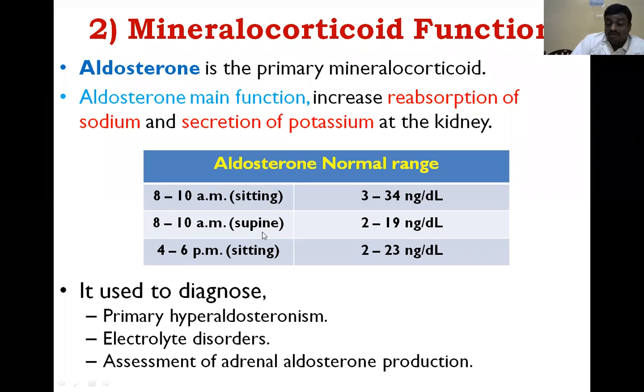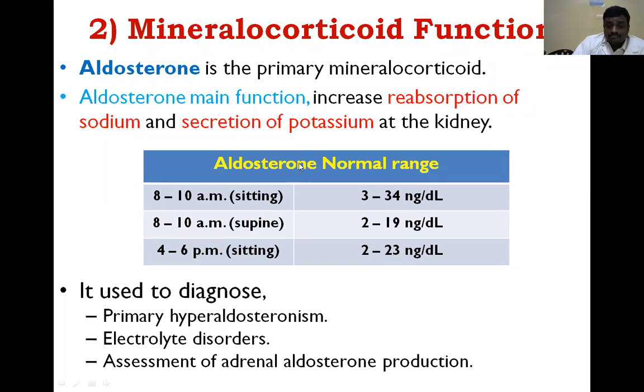But in the supine position, if they are getting greater than 20, there is a chance of an aldosterone problem, an adrenal gland problem. Next one is 4 to 6 p.m. in the evening sitting position, that is 2 to 23 nanograms per deciliter. So these are all reference ranges, depending on the time as well as the position of the patient at the time of sample collection.